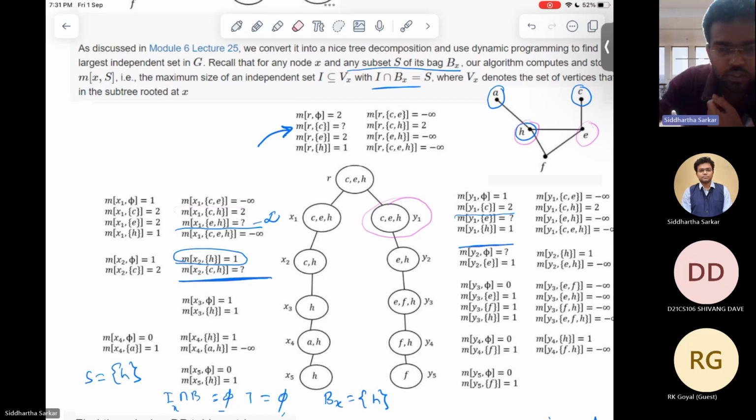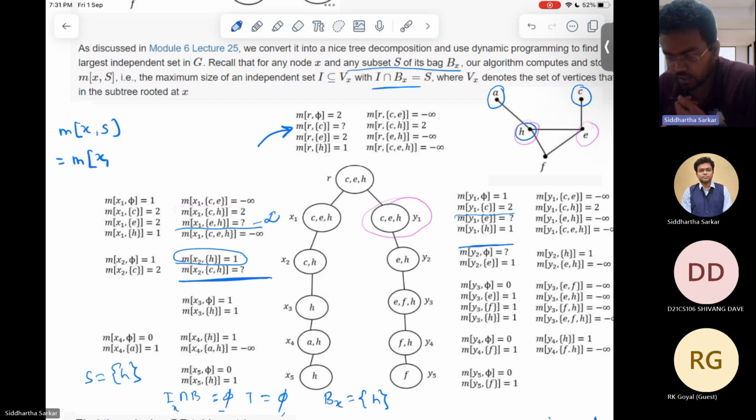So for a join node, they are saying that the table entry m of x comma s is equal to the table entry of the first child. Let us say the first child is x1. I'll just write it r.